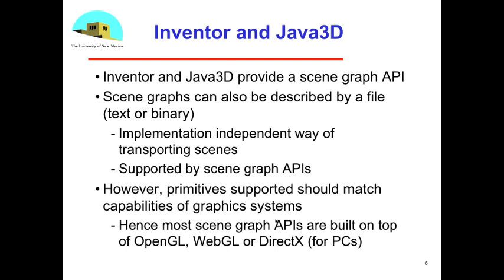But Java 3D, which was supported by Sun for quite a while, did support a scene graph API, and unfortunately for people who cared about that, Sun lost interest in that, and so it's out there, but I don't think it's used very much.